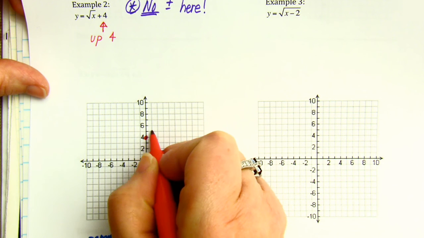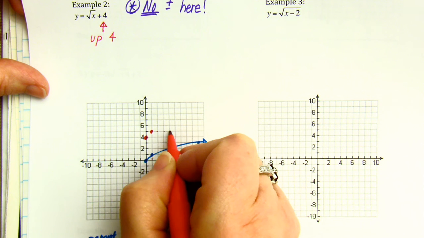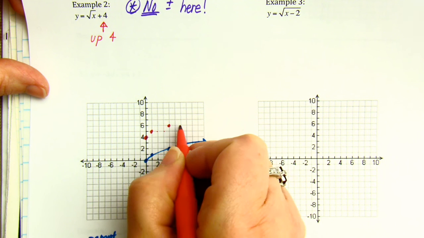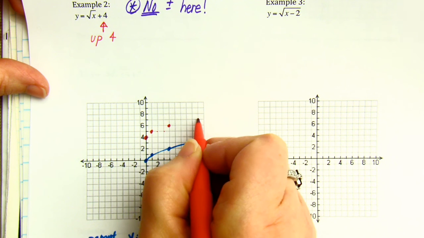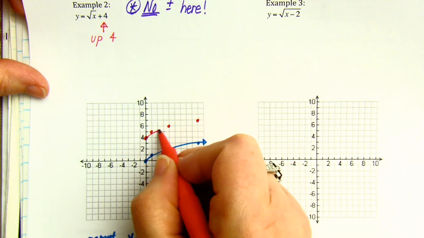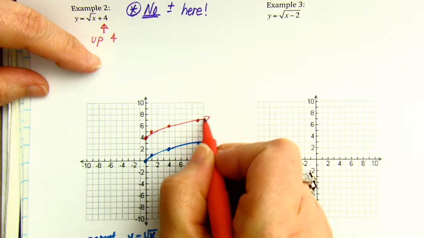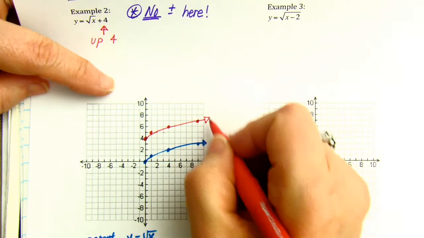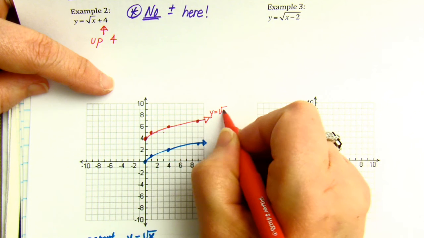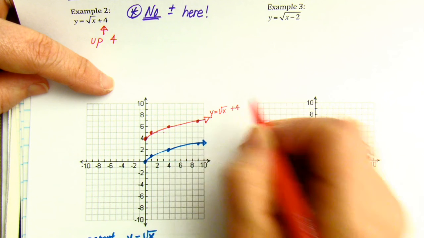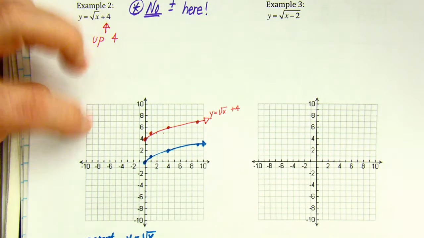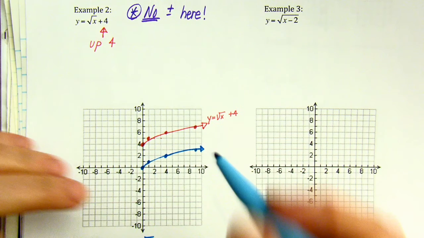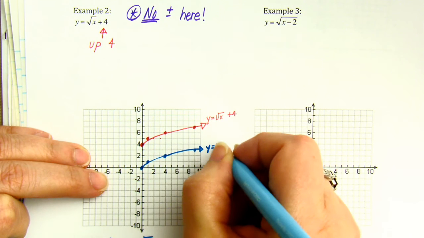This is 1, 1, 2, 3, 4, 2, 5, 6, 7, 8, 9, 3. Here is my square root function shifted 4 units up. This is the graph of y equals square root of x plus 4. This one here is the parent function, y equals square root of x.